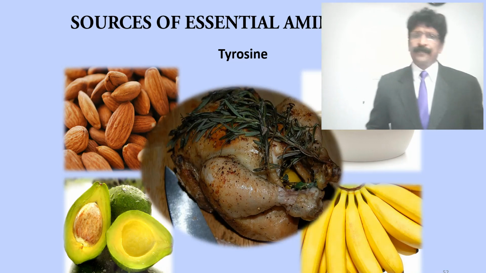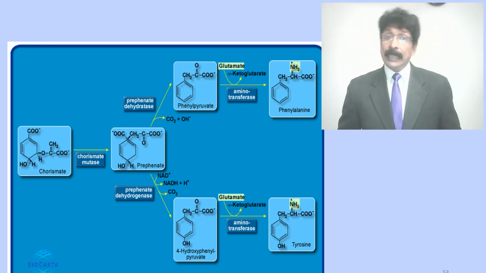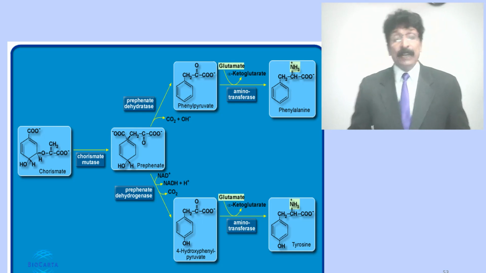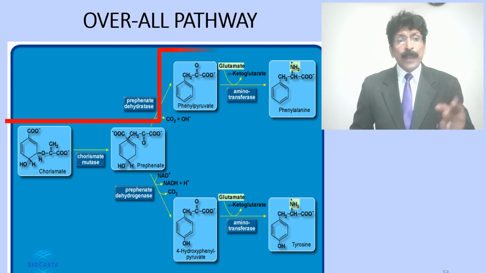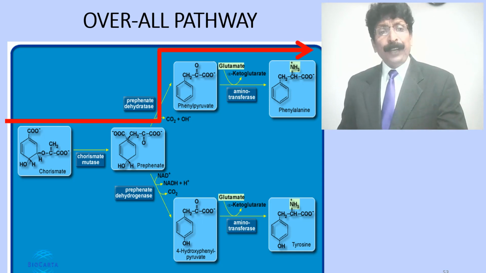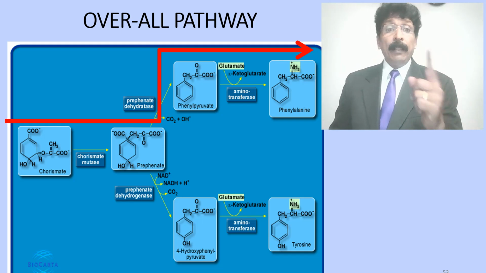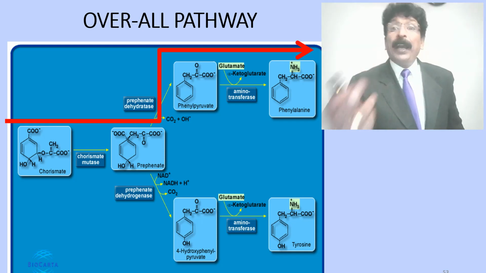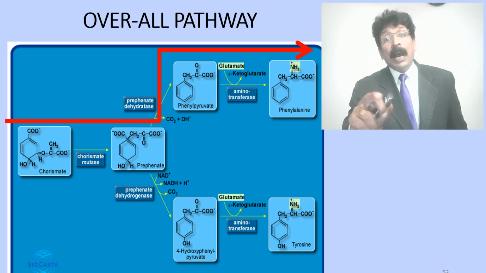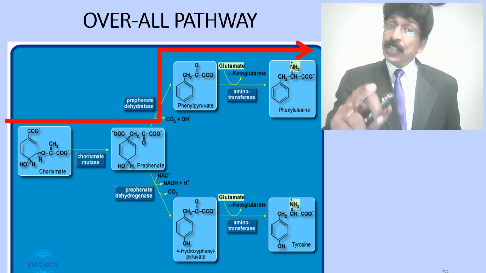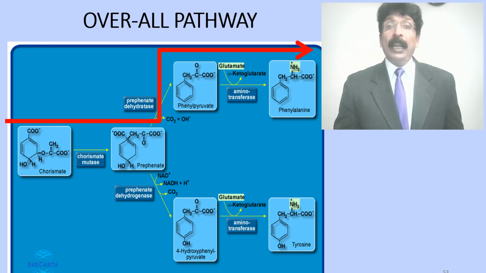And overall, when you want to see how these two related aromatic amino acids tyrosine and phenylalanine in overall reaction: chorismate is converted into prephenate by means of chorismate mutase, and prephenate is converted into phenylpyruvate by means of prephenate dehydratase, and then amino transferase in the presence of glutamate, it will be converted into our product phenylalanine.